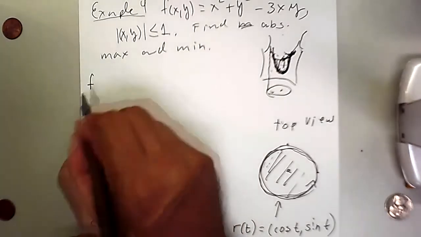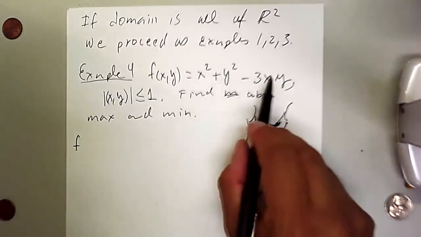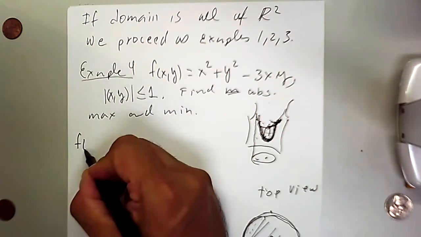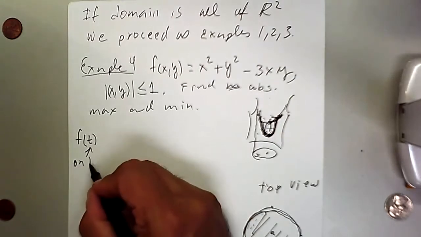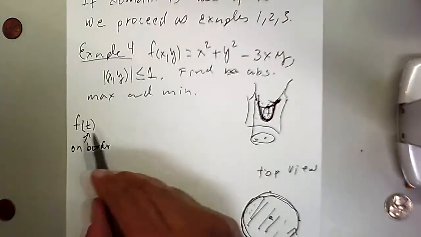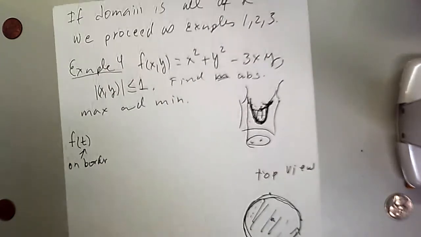All right. So on the border, our function becomes a function of t. This is just on the border. It's really x, y, but this is going to be our x and that's going to be our y.